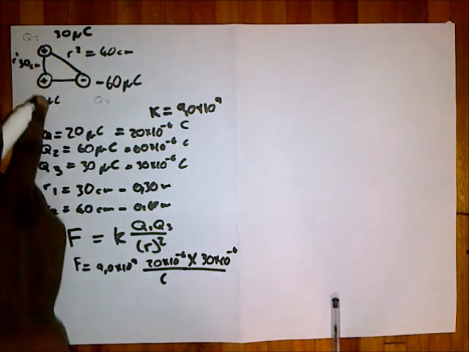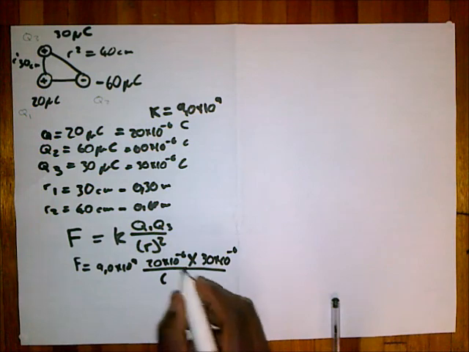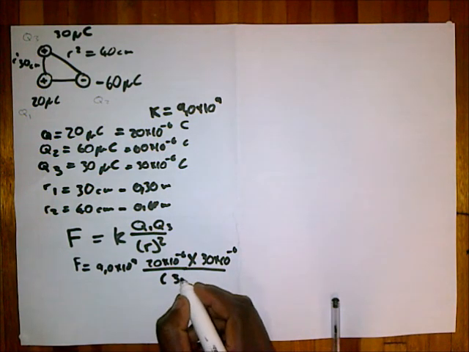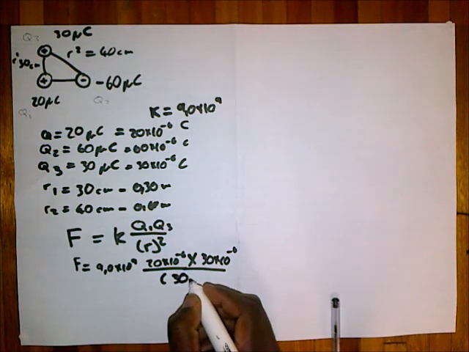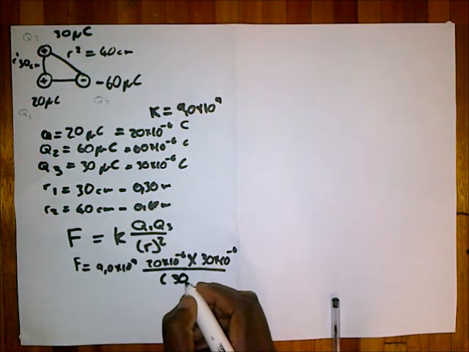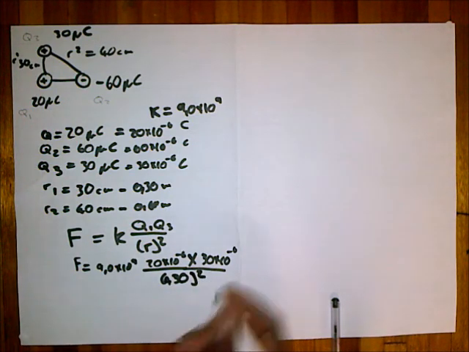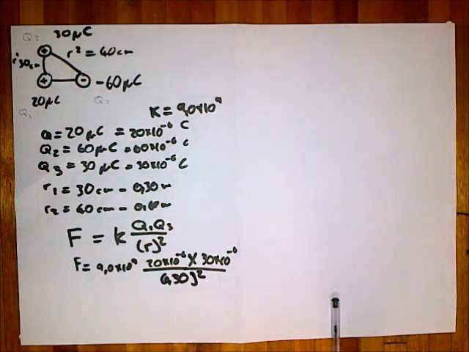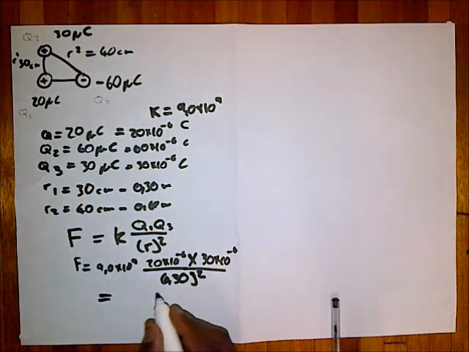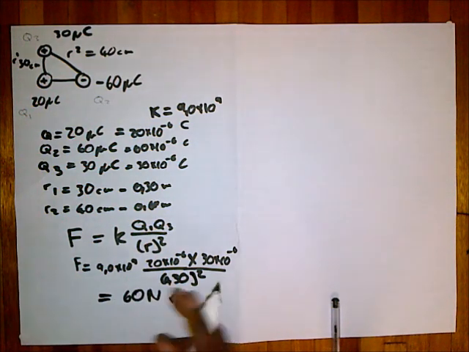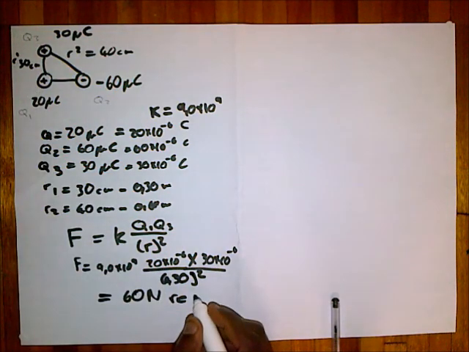The distance there is 30 centimeters, so we changed it to 0.30 meters squared. Then we get our answer as 60 newtons repulsive, since these two are like charges, so they repel.